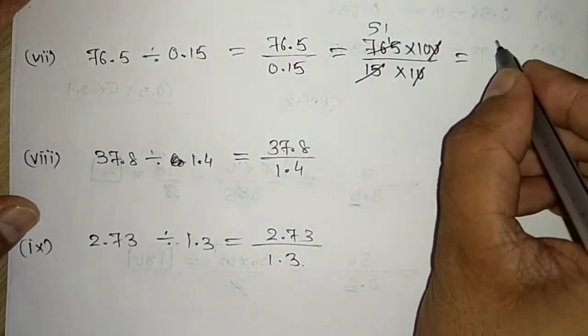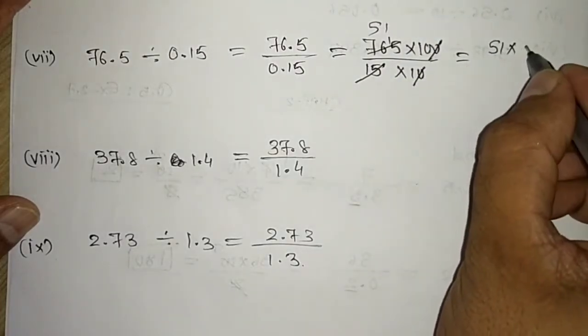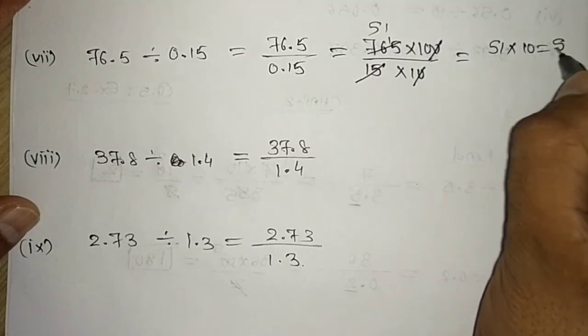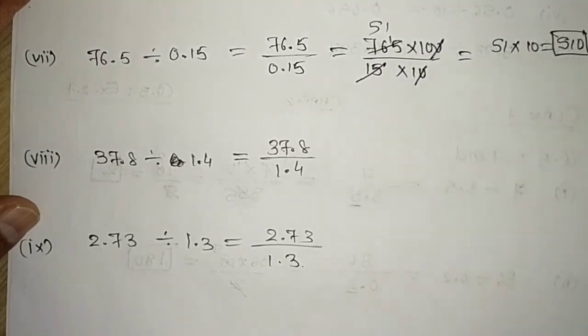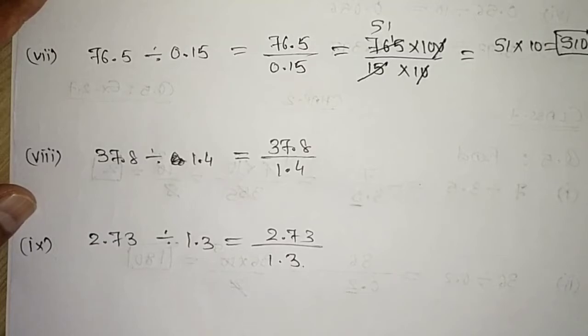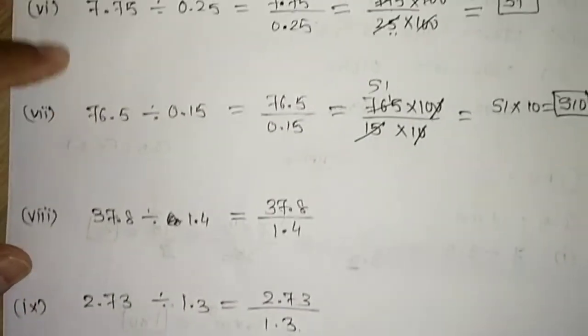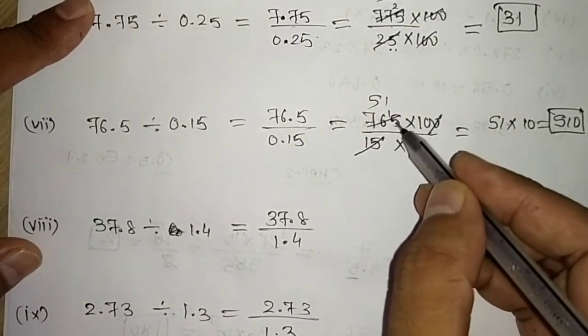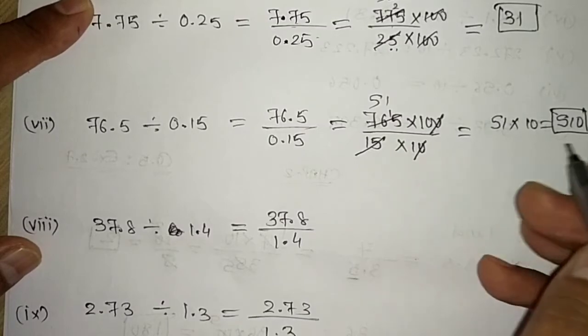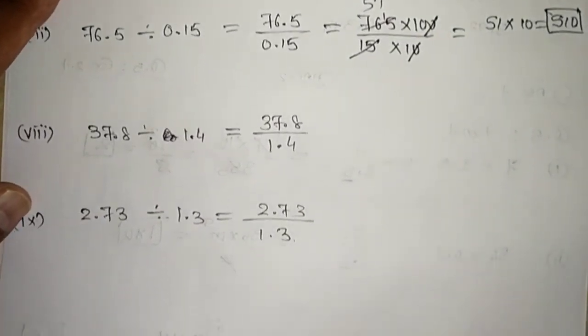So our answer will be 51 into this 10 will give us 510. Moving to the next question. Students, you can also divide these numbers by the long division method. It is up to you how you solve.